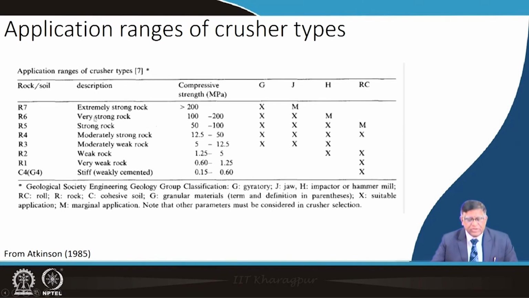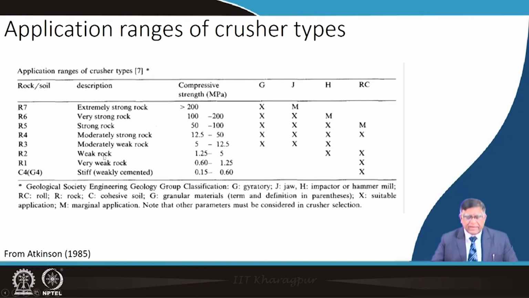So, for very strong rock you can use a gyratory crusher, which is suitable for all types. You can control the gyration speed and the gap, and control arrangements can be made, so from very weak rock, moderately weak rock to hard rock, you can use a gyratory crusher.